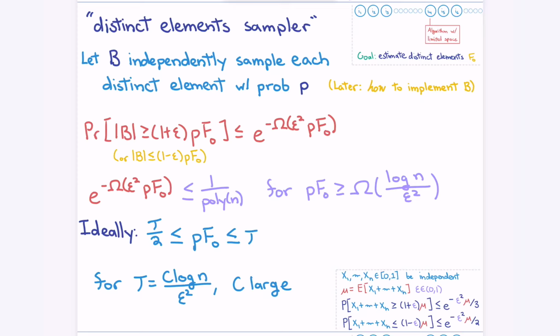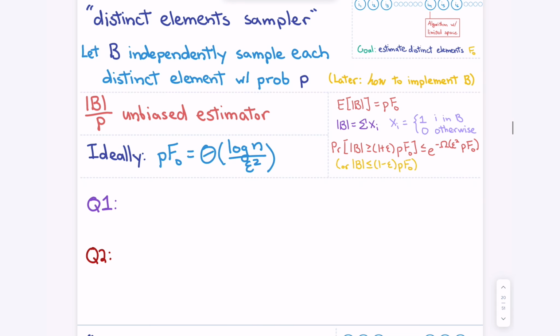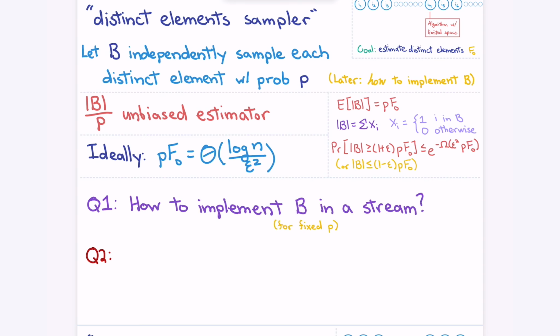Of course, this is not an algorithm yet. You don't know F0 ahead of time, and we also haven't implemented B. But we're just building some ideas. So this presents two obvious questions if you wanted to do a strategy like this. First, how would you implement B in a stream if I just gave you a particular P?